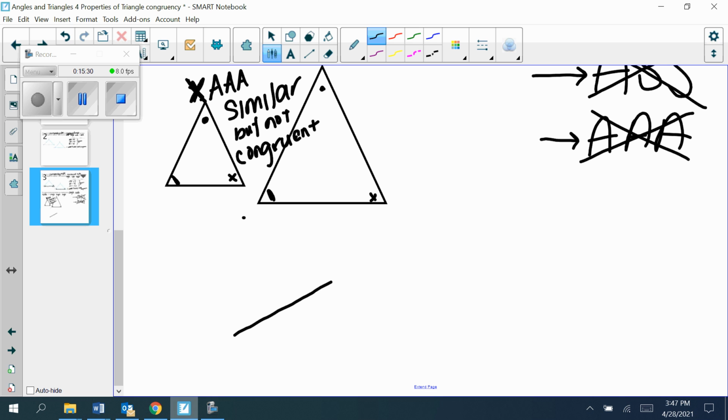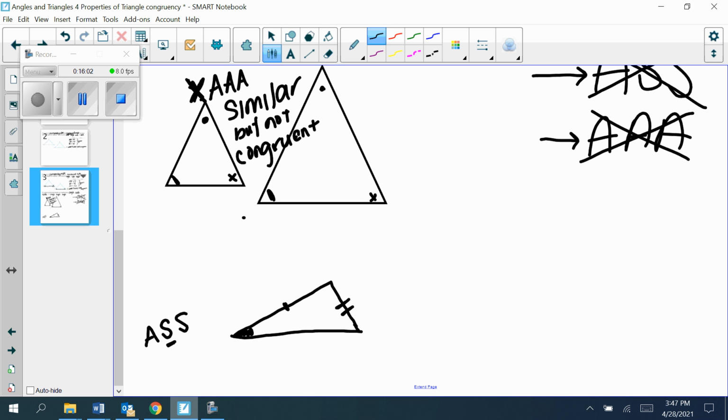So hopefully I can make this make sense to you. I have a triangle, and I'm going to say I have this angle here, and then we have a side length, and then we have another side length. So what this would be is an angle, a side, and then the next side.